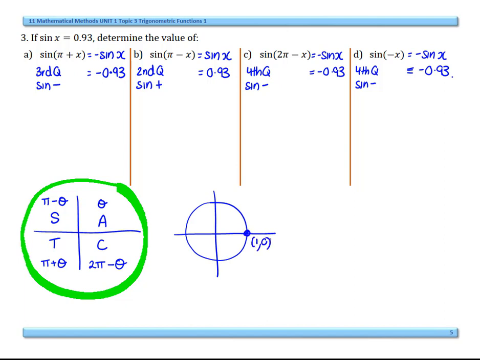So 1, 0, 0, 1, negative 1, 0, 0, negative 1, and our angles 0, 2 pi, pi on 2, pi, and 3 pi on 2.